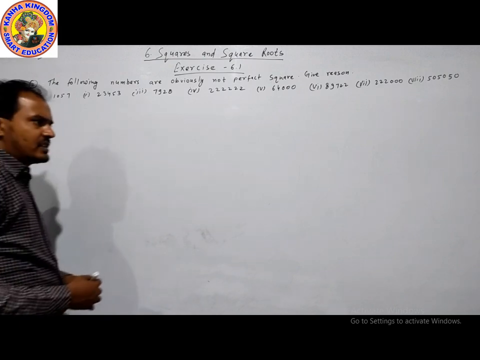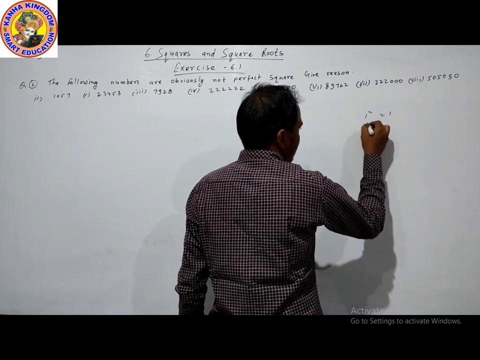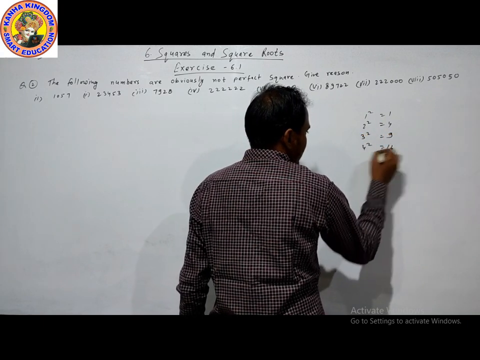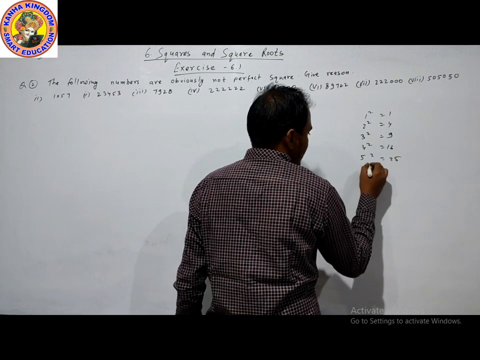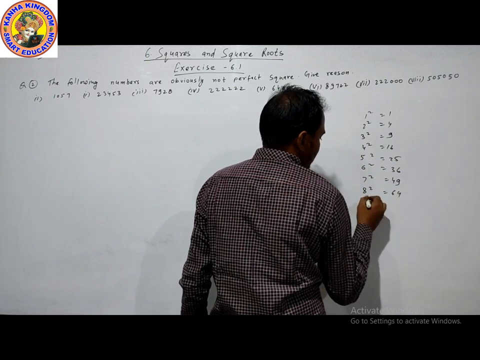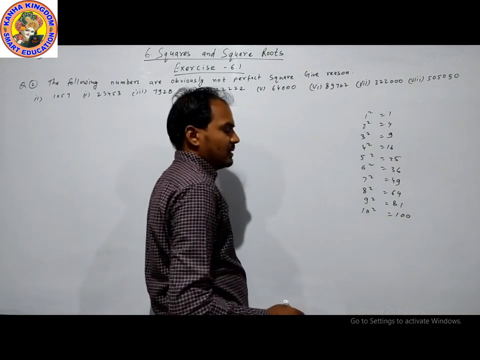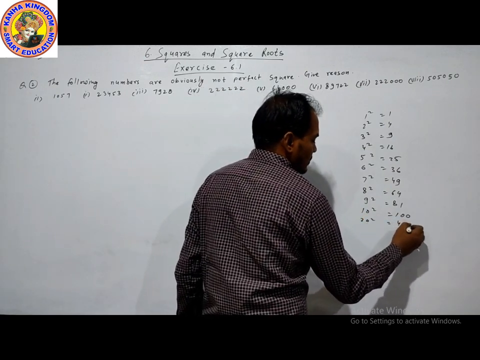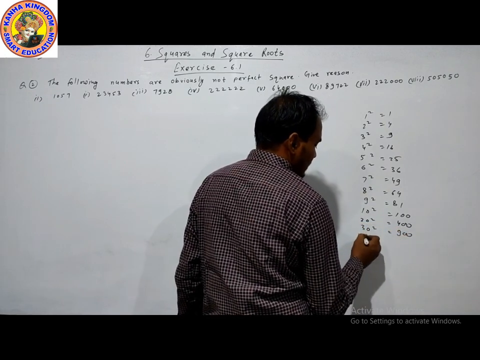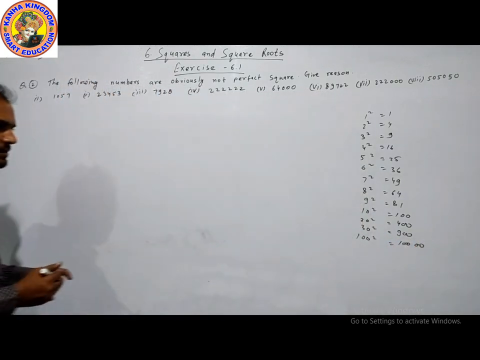First of all, we will check what the square numbers are. 1 square 1, 2 square 4, 3 square 9, 4 square 16, 5 square 25, 6 square 36, 7 square 49, 8 square 64, 9 square 81, 10 square 100, 20 square 400, 30 square 900, 100 square 10000. These are the square numbers.